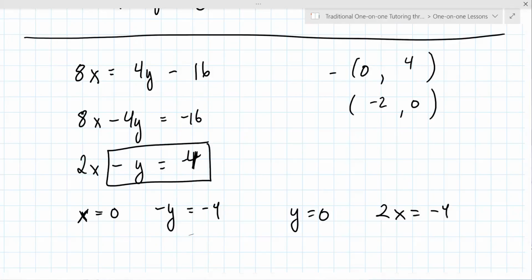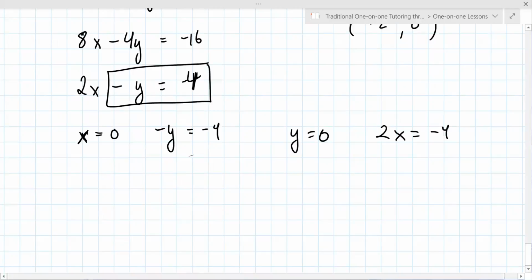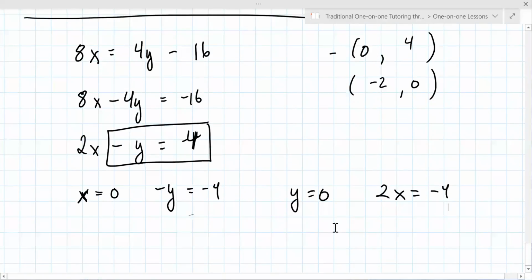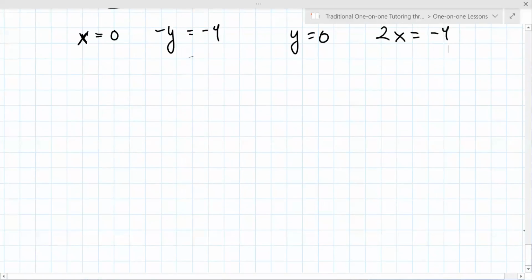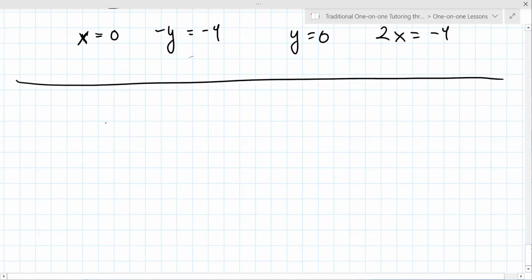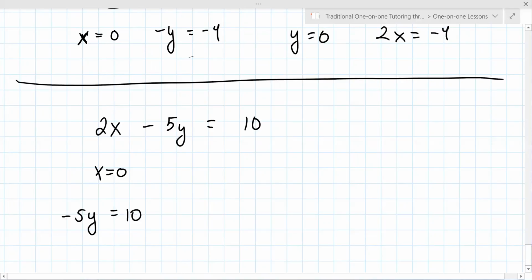And then you can reduce x. You divide by 2. Yeah, so let me try and show you this again, because I guess I'm not doing a good job of explaining this, and I really want you to get this. So 2x minus 5y equals 10. When you set x equals 0, here's what it becomes: negative 5y equals 10, because 2 times 0 goes away.